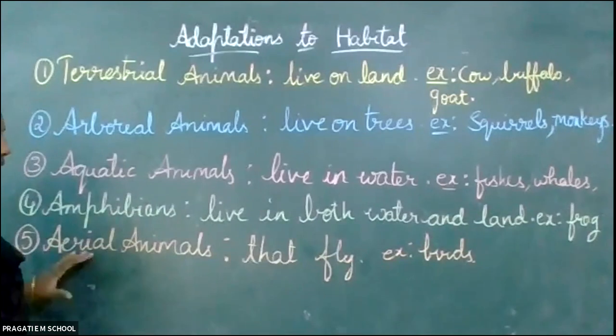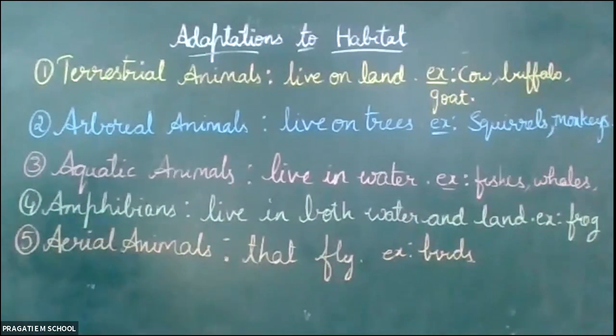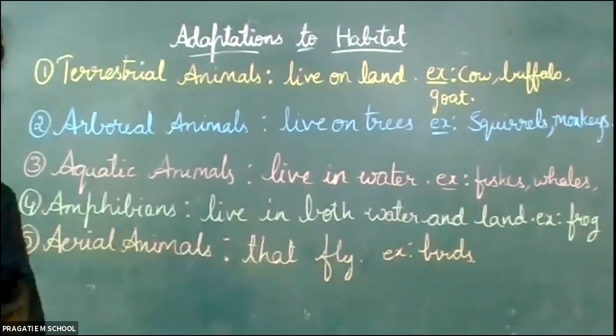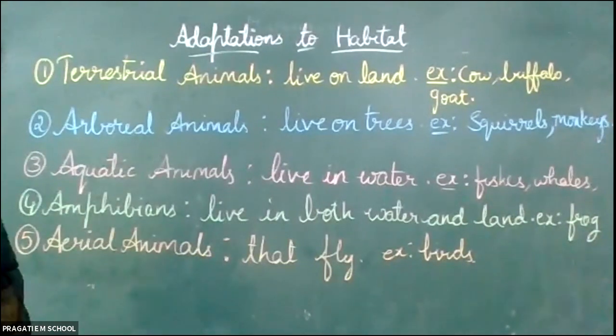These are the 5 types of adaptations to habitat. All of you understood up to here, children? Write down, first write down.